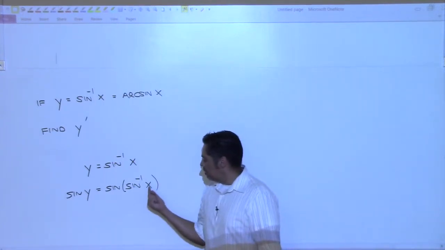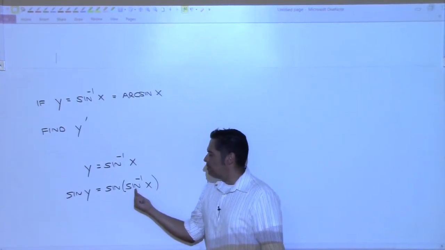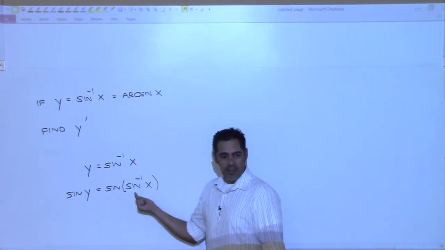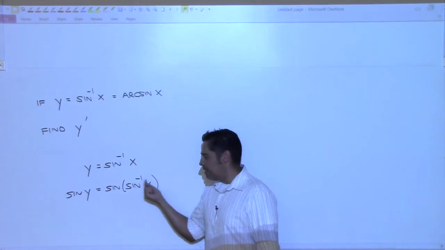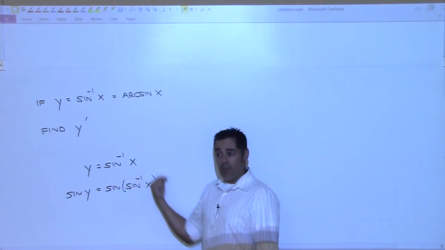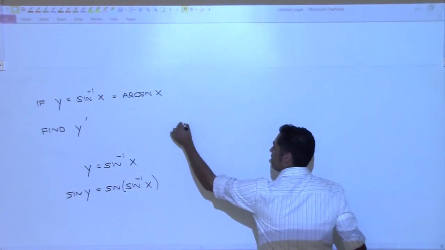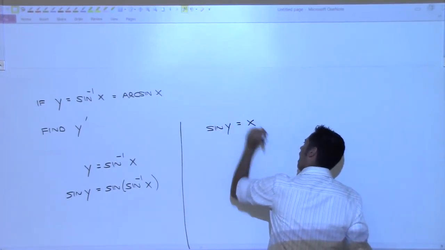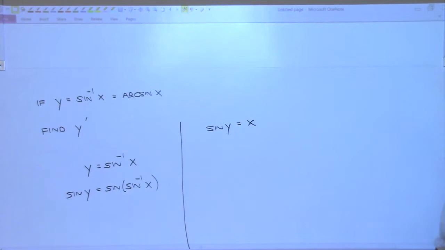Because you're plugging x into the inverse function and then plugging it into the sine function. These two functions undo each other, don't they? So x goes into this, something happens, then that answer goes into that, and it should go back to x. So the right-hand side should turn into x. You with me?